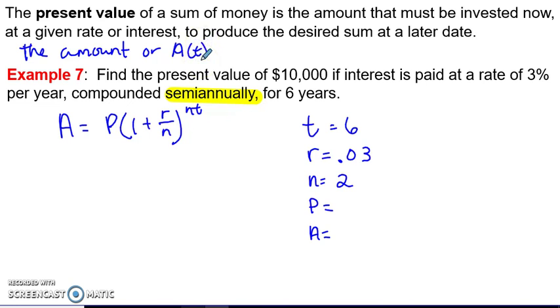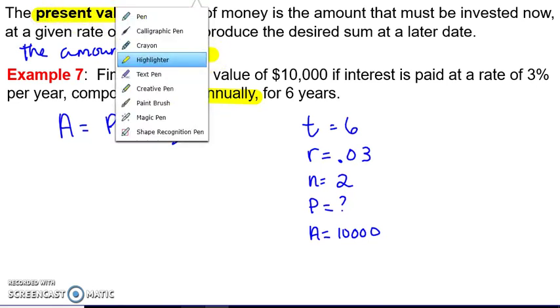It's always going to be the amount, which means you're really looking for what the principal is here. We don't know what our principal is, but because it says find the present value of 10,000, we know that we already have the amount of 10,000. So the key thing here is present value means that our A of T is given.